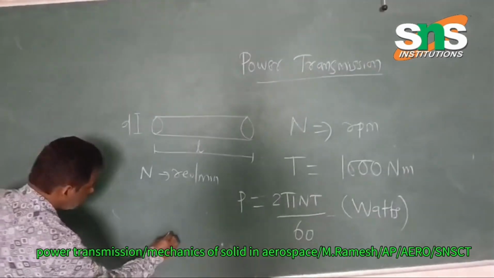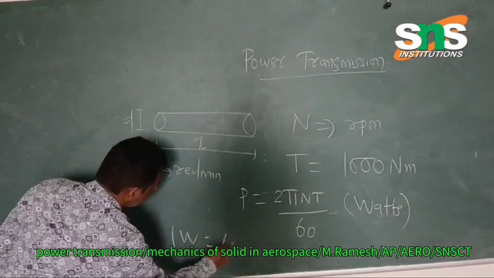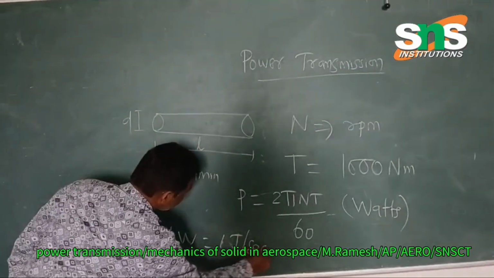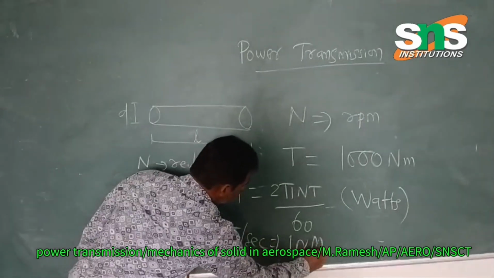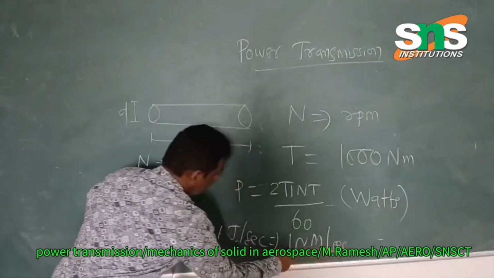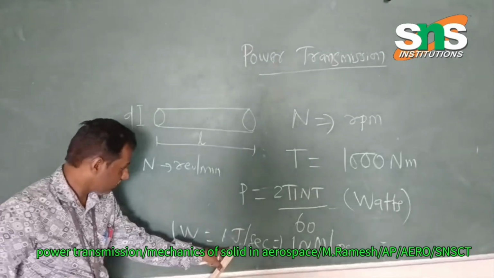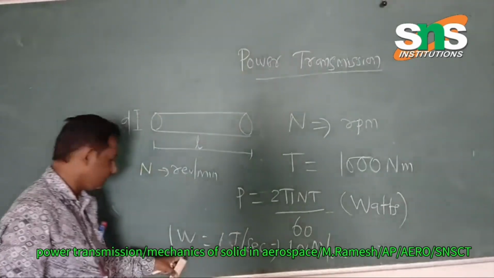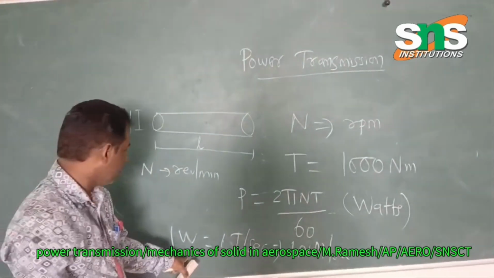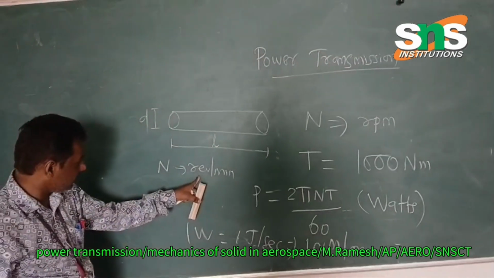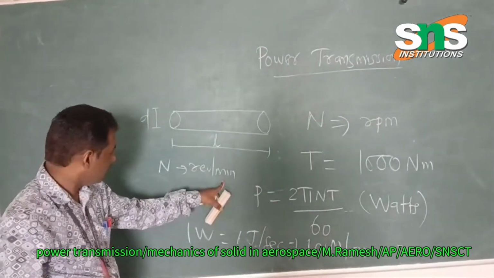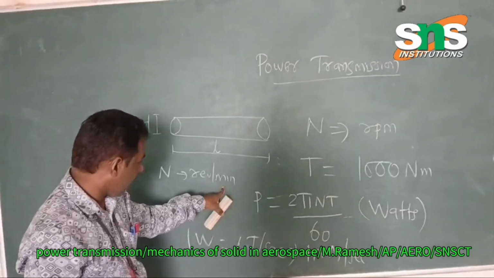So 1 watt is equal to 1 joule per second, or 1 Newton meter per second, since 1 Newton meter equals 1 joule. That is the general fundamental equation, but I am carrying revolutions per minute.